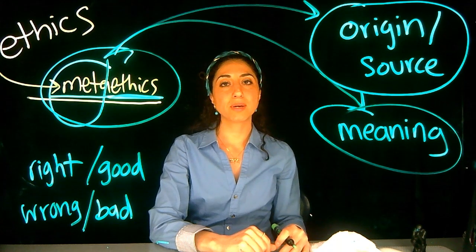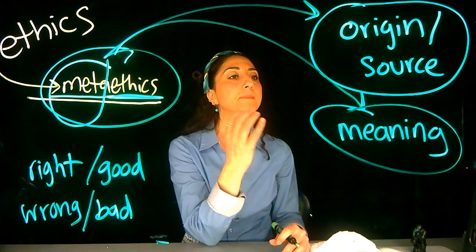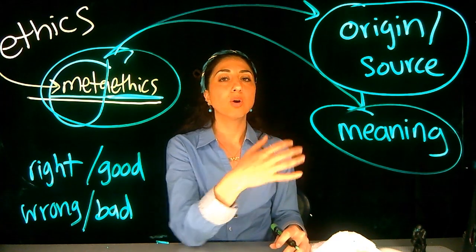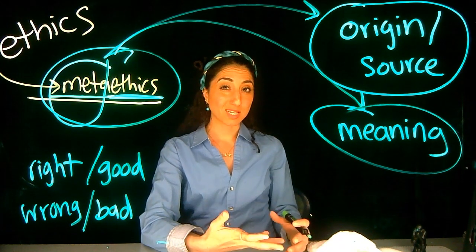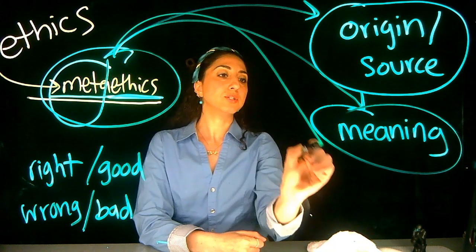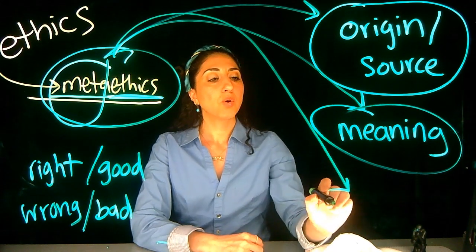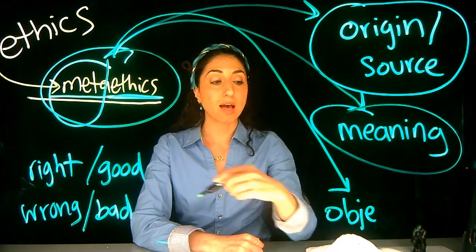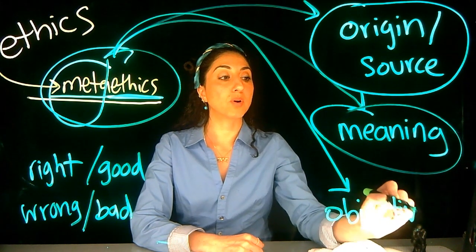A metaethical question would come in here and say, what does it even mean to call an action good? Or what does it even mean to call a person good? Something else that you might be doing is asking whether those concepts in ethics are objective or not.